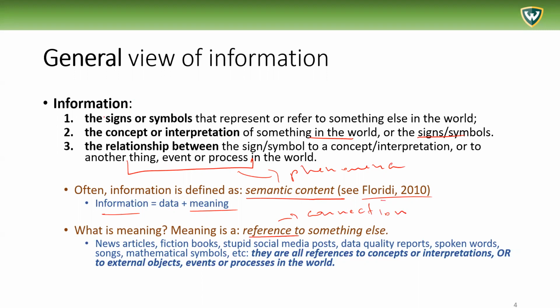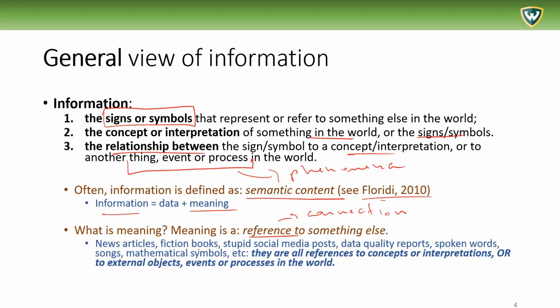People think of just the sign or the symbol as the information, but really information is about the relationship between the sign or the symbol. So it's kind of all of these three things here going on: the relationship between the sign or the symbol and the concept, or the sign or the symbol and the thing in the world, the object, and so on.